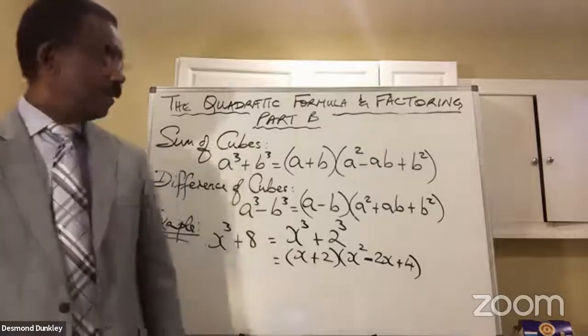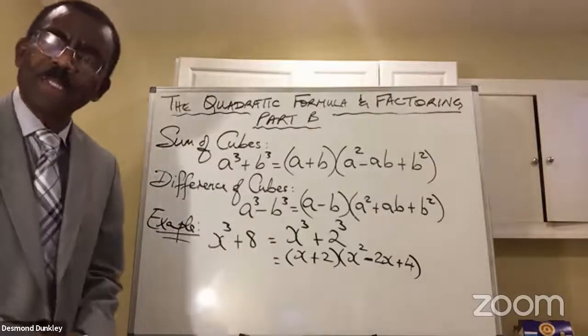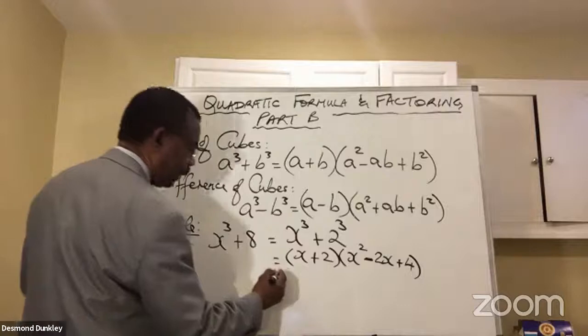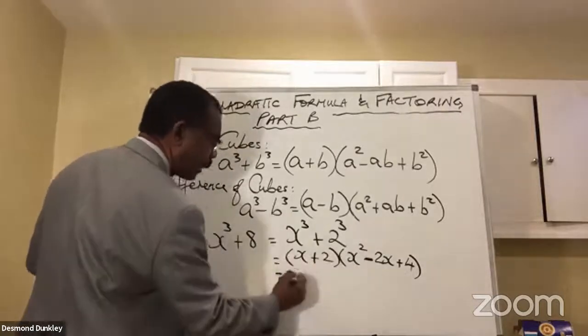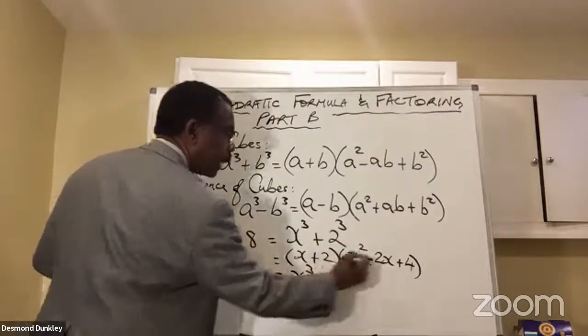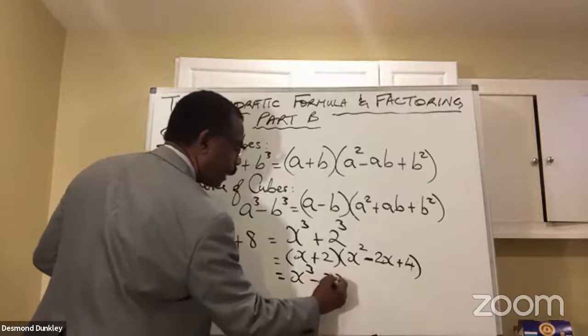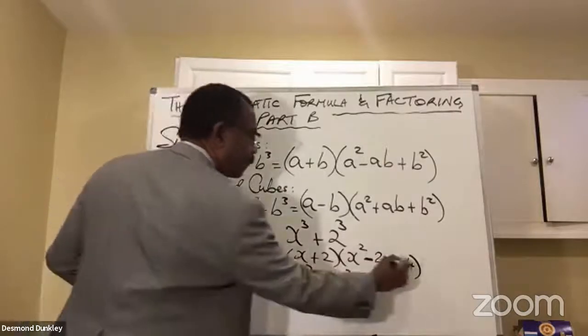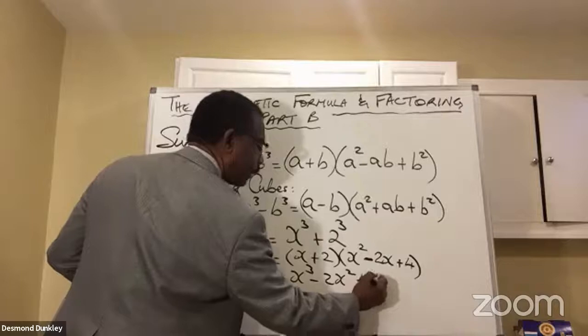Do you want me to do it? Okay, I'll do it so you can see for yourself. x times x squared, x cubed. x times negative 2x, negative 2x squared. x times 4, positive 4x.